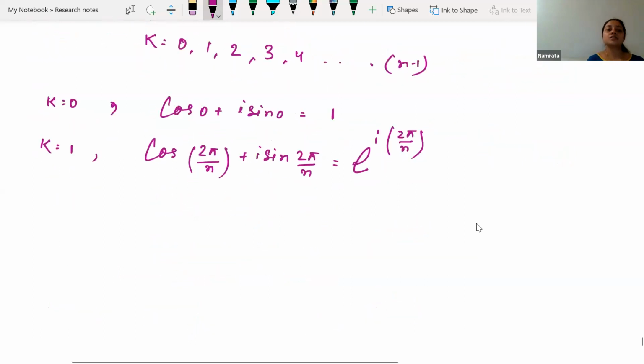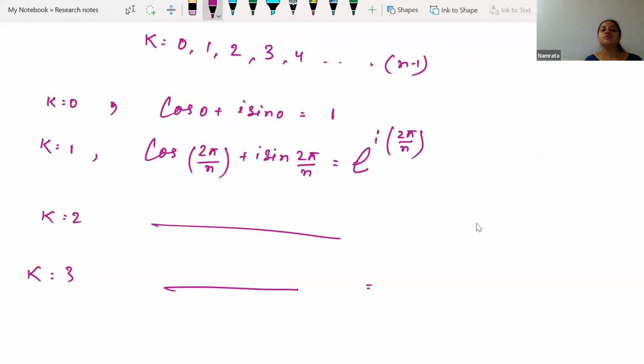Similarly, when k is equal to 2 we will have one expression, and k is equal to 3, one expression. We will not solve it, just for your understanding, just for your concept. I'm showing this till k is equal to n minus 1. We don't have to do that. It is just one of the concepts which you need to understand. That's it. So here we are done with complex numbers. Is it clear, Lena? Yes, ma'am.